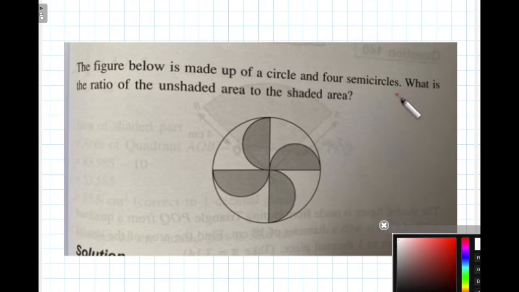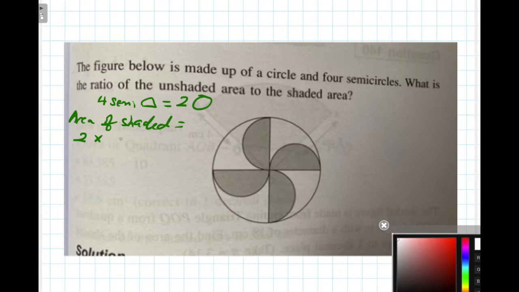So I know that the area of the shaded is actually 4 semicircles, correct or not? 1, 2, 3, 4. So the area of 4 semicircles is equal to 2 circles. So the area of the shaded will be 2 times pi r squared.